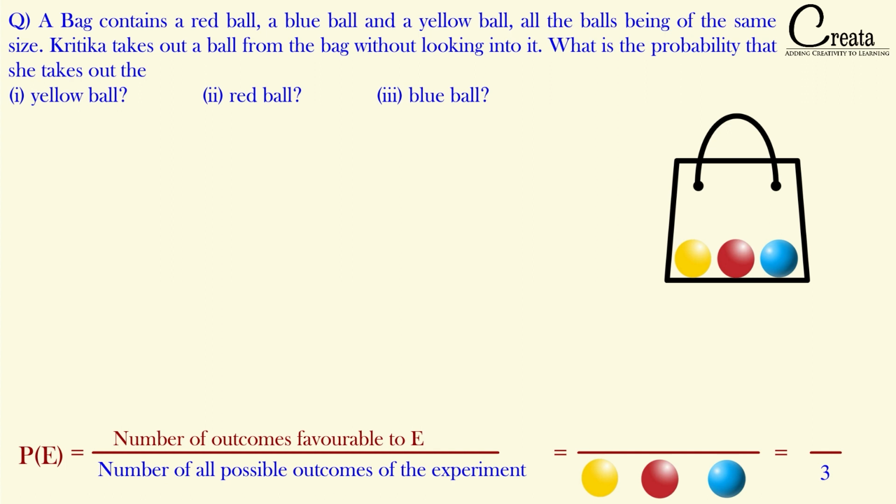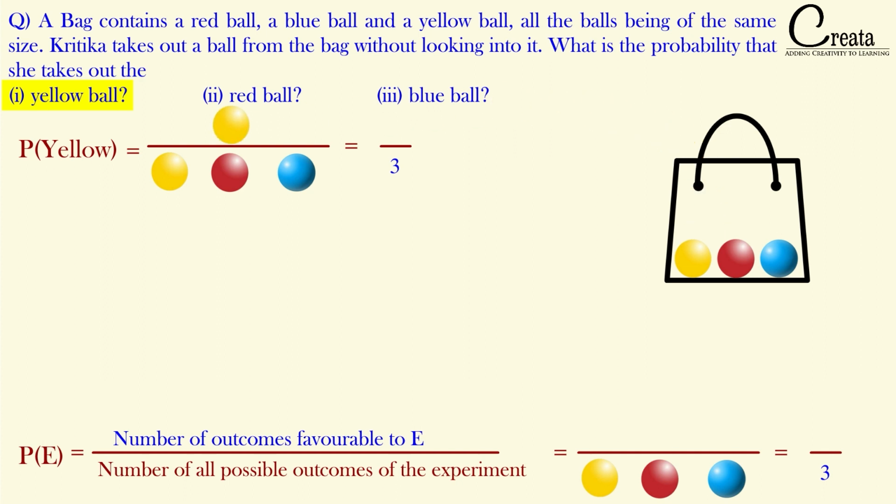Let's check what will be there in the numerator. In the first case it is given yellow ball, which means we have to calculate the probability of getting the yellow ball out of the bag. So in the numerator it will be the number of outcomes favorable to our event E. Here the event is yellow ball. So out of the three scenarios, our scenario yellow ball is only 1.